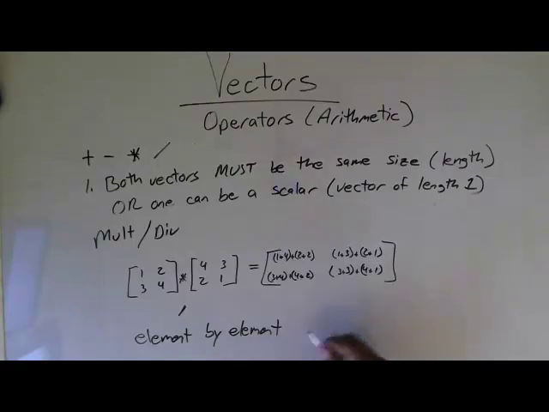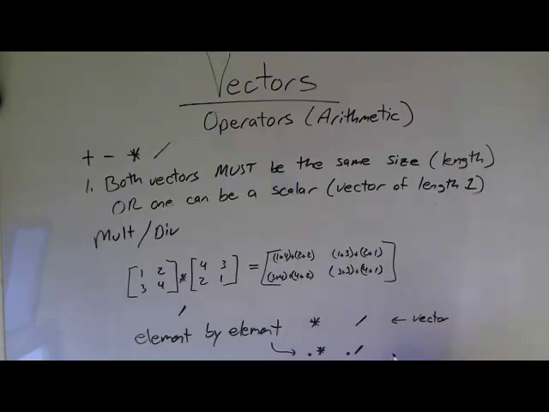Well, the answer is, instead of using just plain old asterisk and slash, these will do vector multiplication and division, or matrices or arrays. If we want element by element, we have to put a dot in front of it.